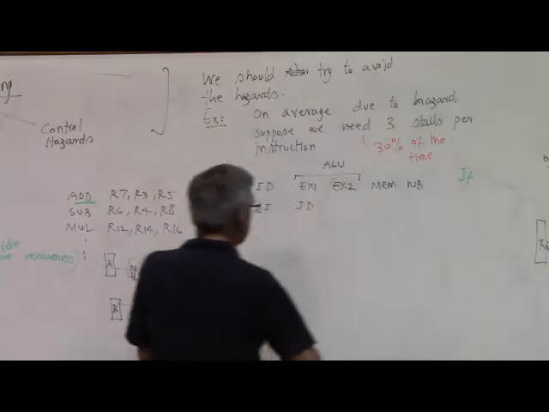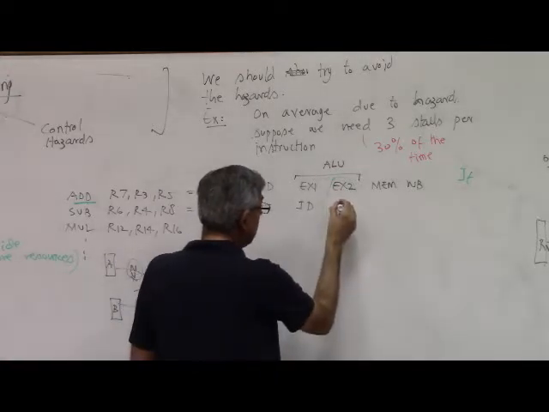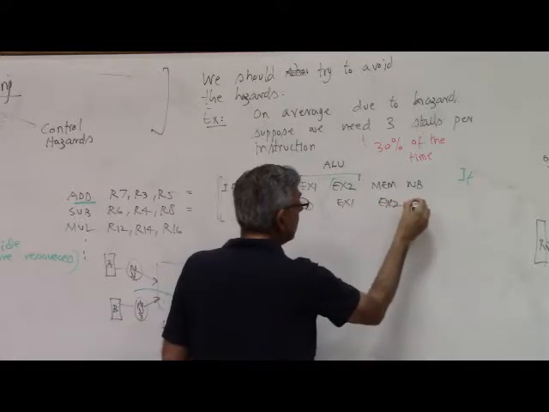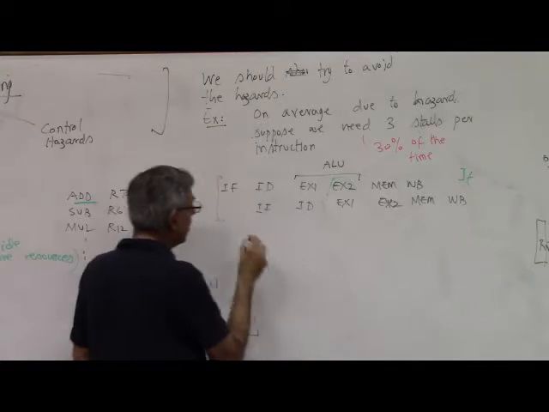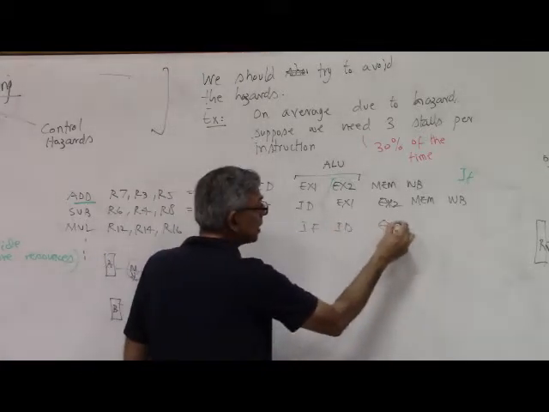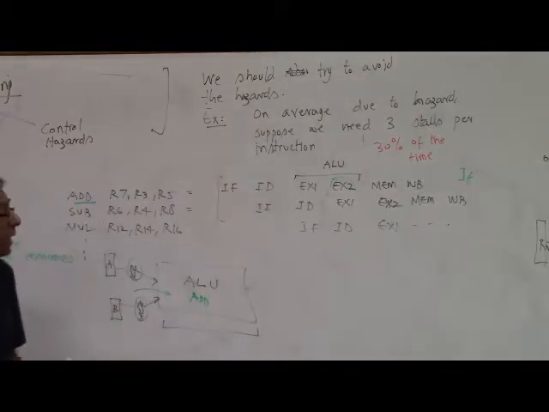So then it's perfectly okay. We will do ID, EX1, EX2, mem, and write back. Same thing for the next instruction, IF, ID, EX1. As long as there's no data dependency, they can proceed simultaneously.